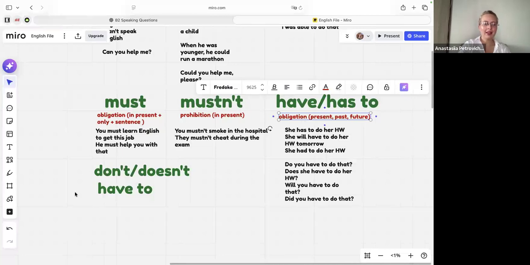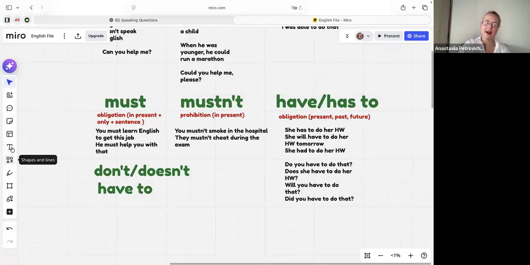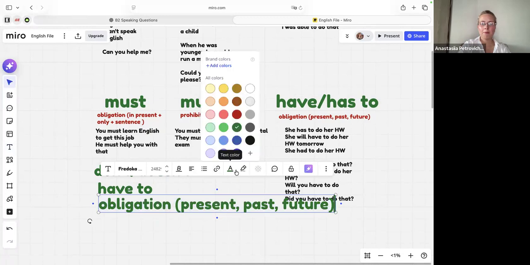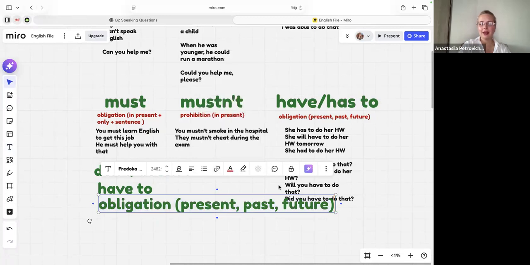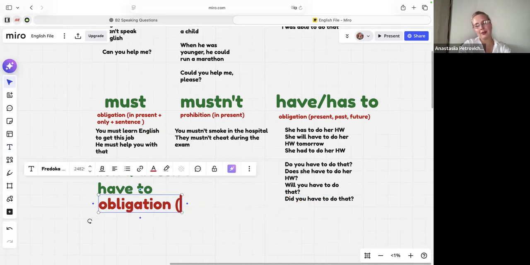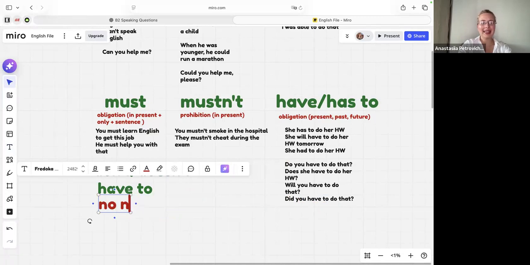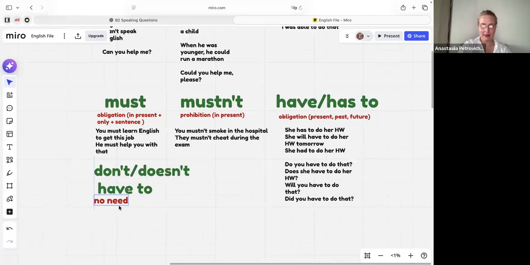And here it will be again another meaning, and that will mean something like you don't need. There is no need. No obligation. Yeah? No obligation, but not like prohibition, really. Just no need. This is what it's gonna mean.